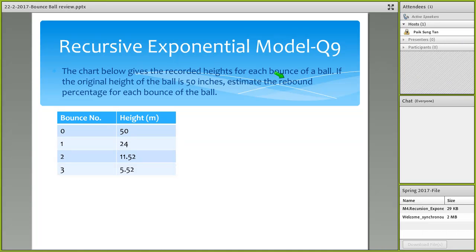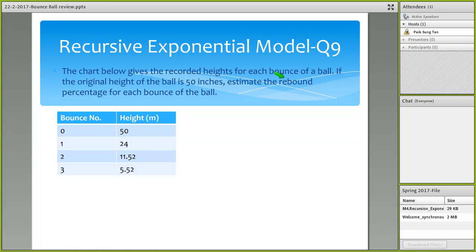Okay, and that number should be similar to 5.52. They don't always have to be exact, but it should be pretty close. Your rebound percentage should be pretty close. The numbers that you get for these three, you will add them up and take an average of it.